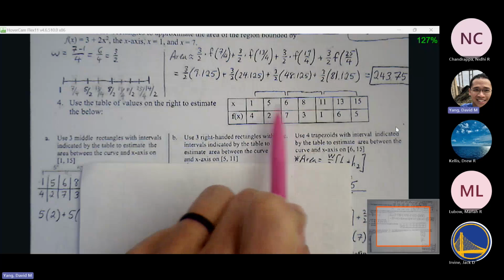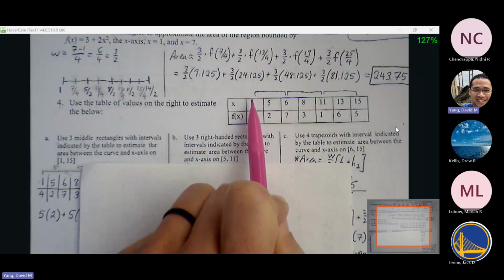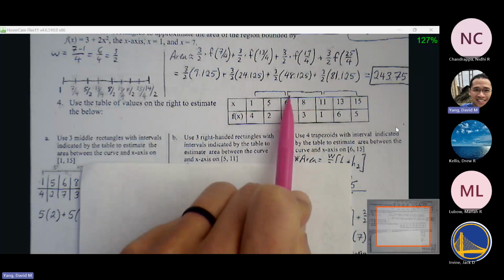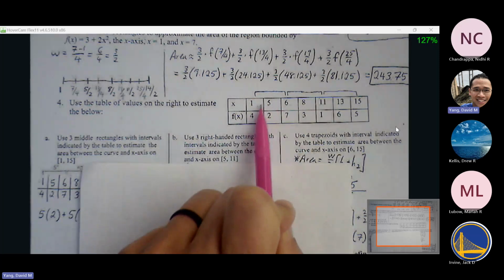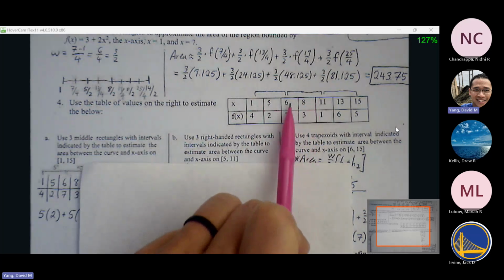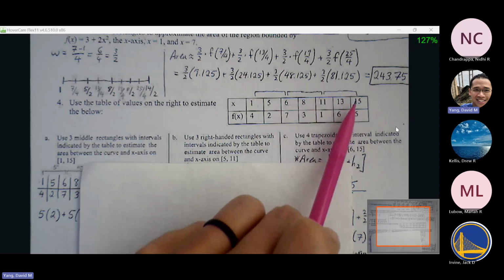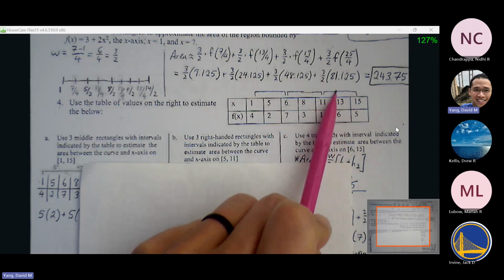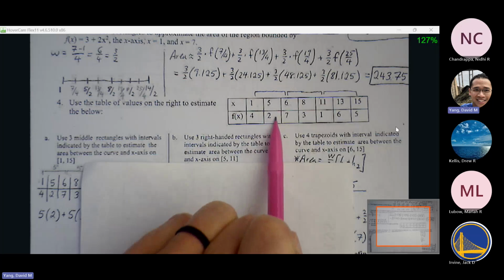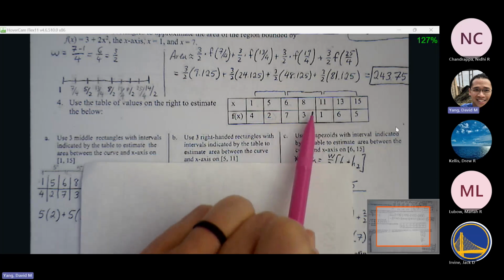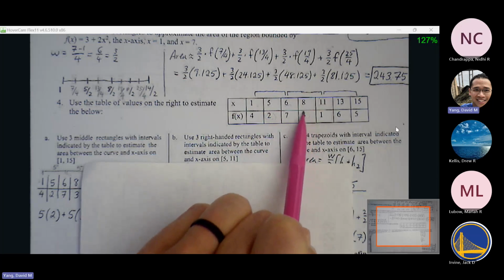You're just looking at where the brackets are hitting the ordered pairs. So 6 minus 1 will give you the width of your first rectangle. 11 minus 6 will give you the width of the second rectangle. 15 minus 11 will give you the width of the third rectangle. And we want 3 middle rectangles, so we want to pick out the y value in the middle of each of the subintervals.